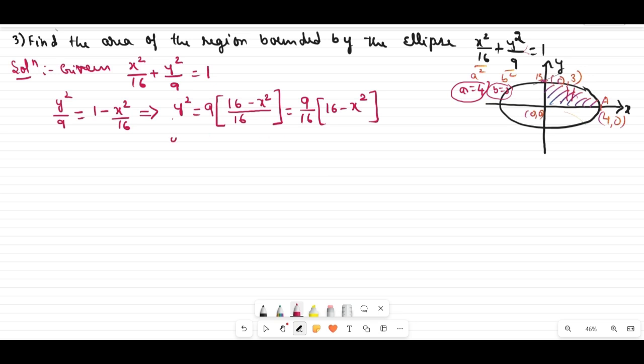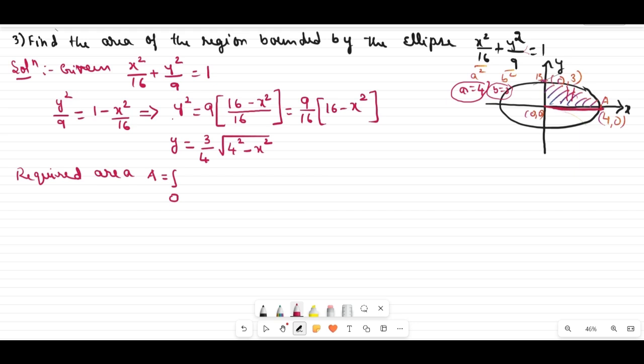So we want the y value. Then y is equal to, taking root on both sides, 3 by 4 into square root of 4 square minus x square. We have got the y value, then I will apply the required area formula. Required area is equal to the integral from 0 to... observe what we are finding, from here to here.